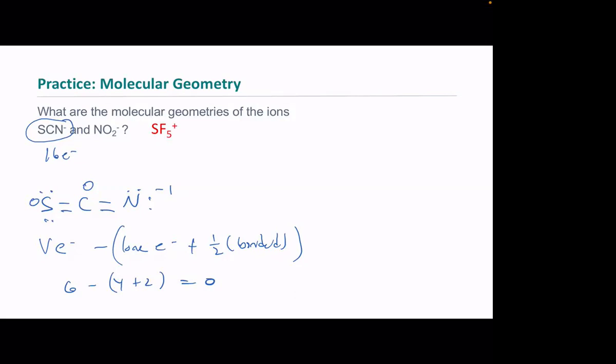If we did move a triple bond over there and a single bond on the sulfur, it would then be 6 minus 2, 4, 6, 7. It would have a -1 formal charge if we did this.